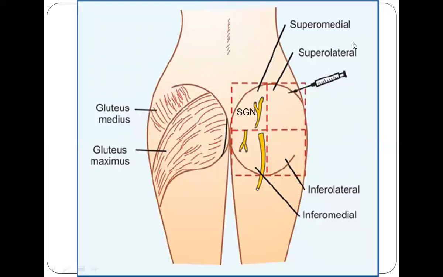Yes, superomedial quadrant. So you need to keep in mind, in the superomedial quadrant of the gluteal region, you have to be careful to preserve the superior gluteal nerve, whereas in the inferomedial quadrant, be careful about the sciatic nerve and inferior gluteal nerve while giving intramuscular injection.